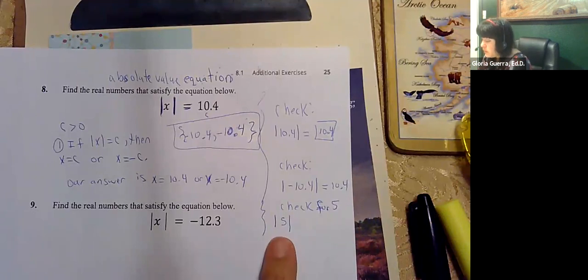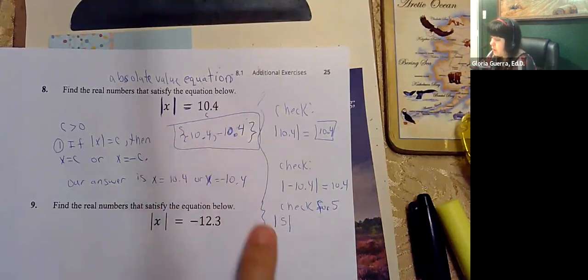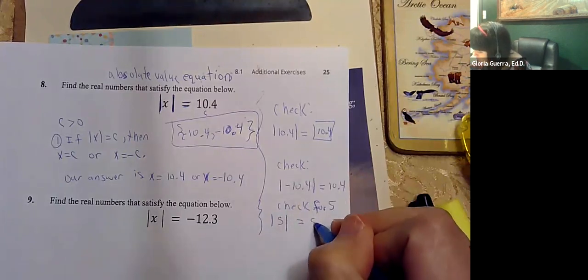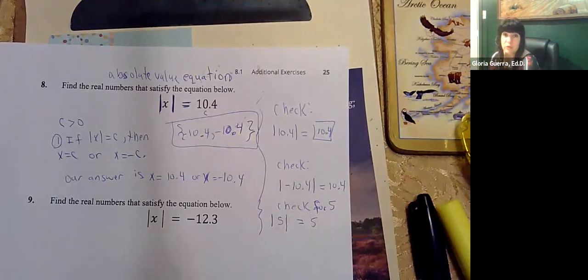So you're going to put 5 inside that and then see what that gives you. Is that going to give you 10.4? I don't think so. No. Okay. So the absolute value of 5 is 5, but you needed 10.4.